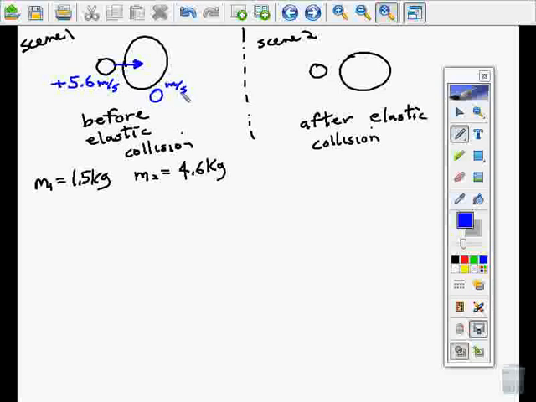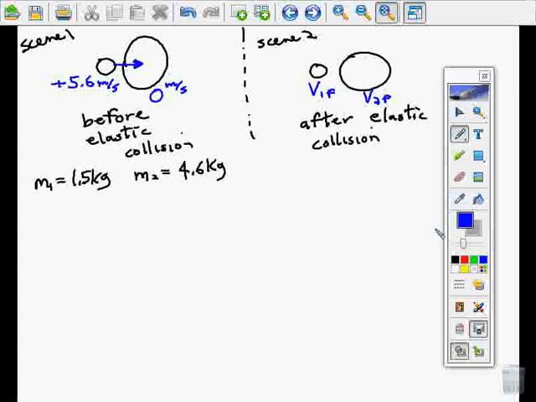Yes? And then after they collide, I don't know what they're going to do, but this one here is going to have some velocity. I'm going to call it v1f. And this one is going to have another velocity, v2f. And those are my two question marks. What's the final velocity of both spheres right after the collision?